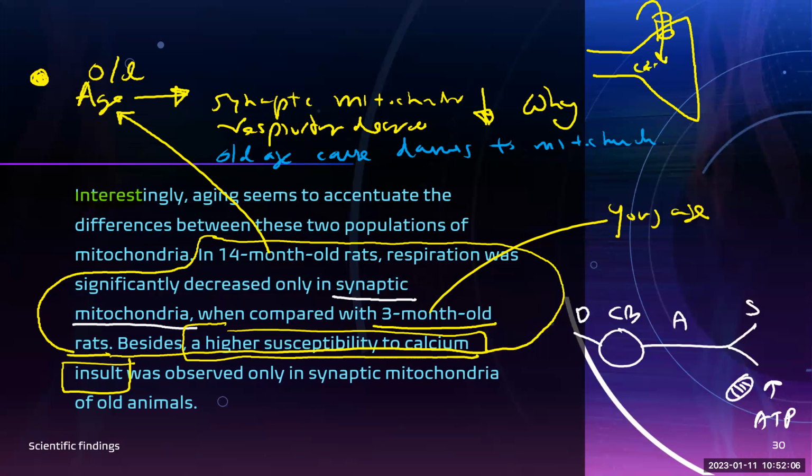In this case, the calcium influx is impaired. When the calcium influx is impaired, calcium cannot bind with the synaptic vesicles and cannot move them.